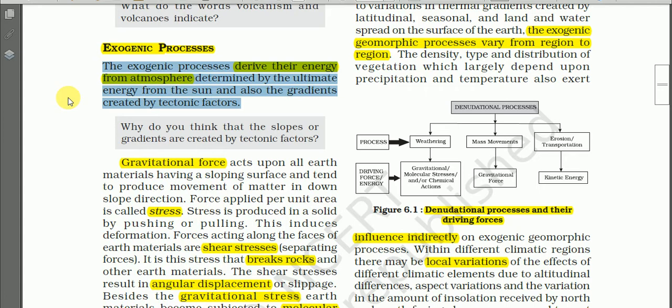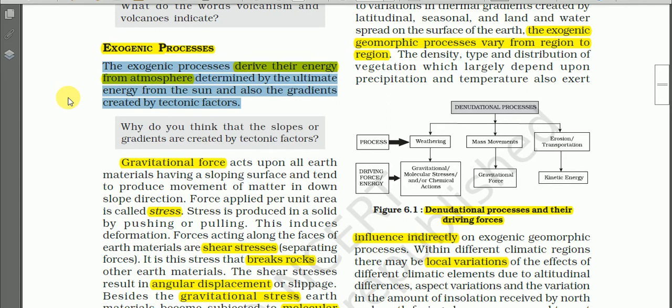So exogenic processes or forces derive their energy from the sun.